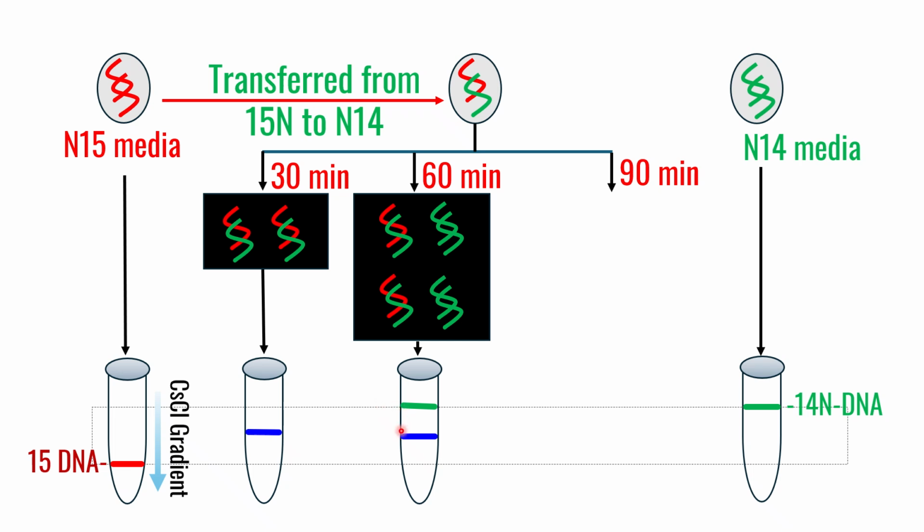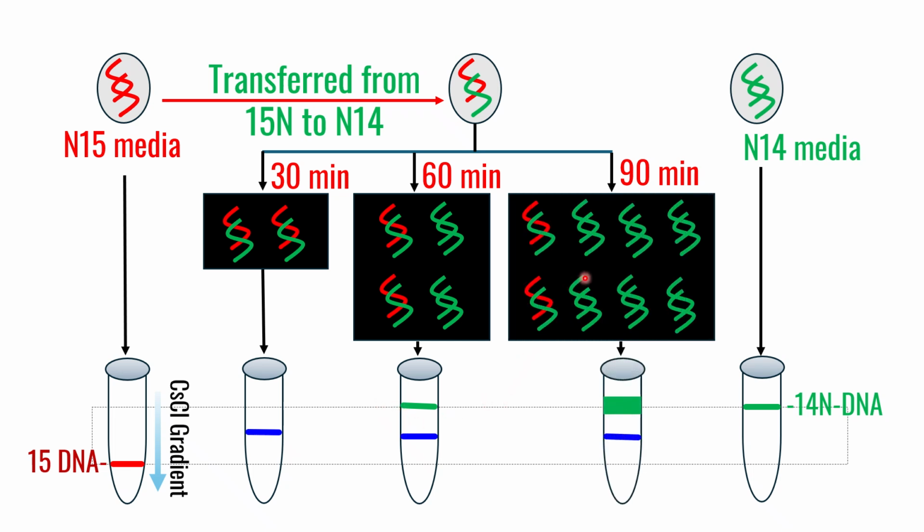Therefore, to further confirm that, they isolated DNA from third generation bacteria, run on cesium chloride gradient, and they saw two bands appearing again, the medium density DNA and the lighter density DNA. However, the amount of the lighter DNA was roughly about threefold of the medium density DNA.